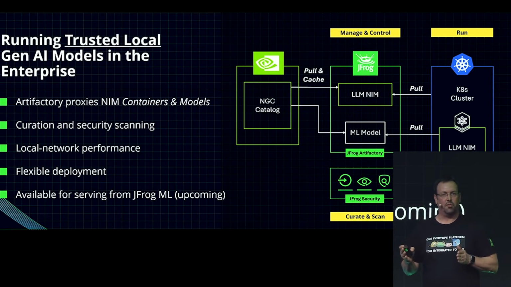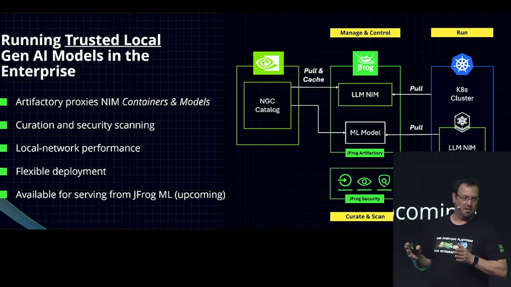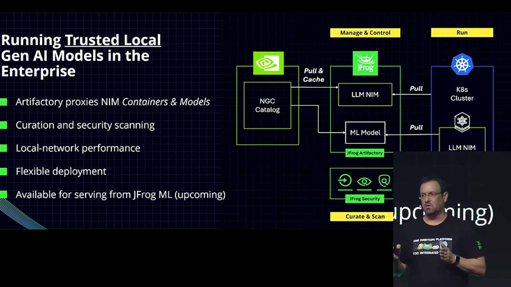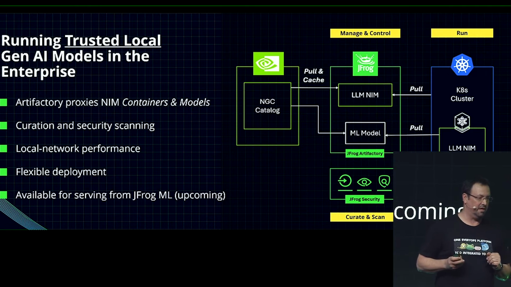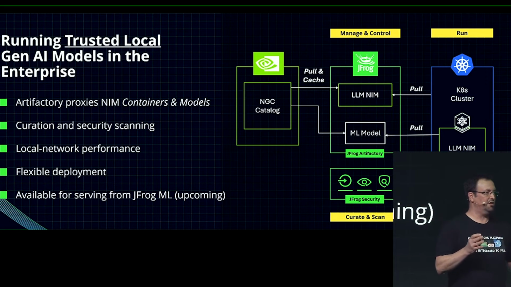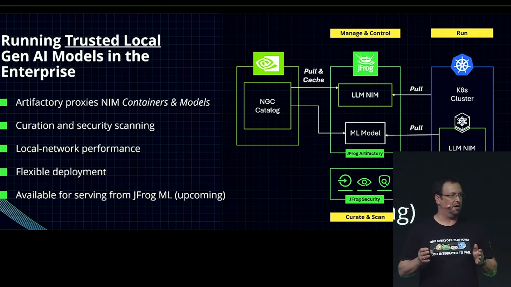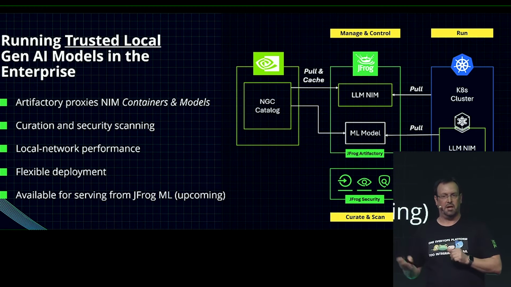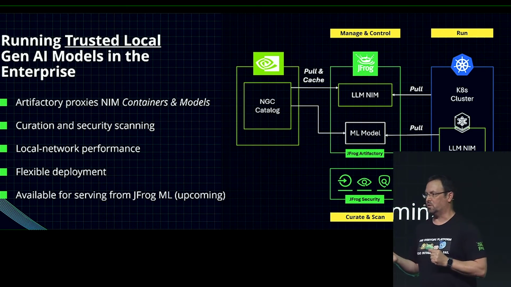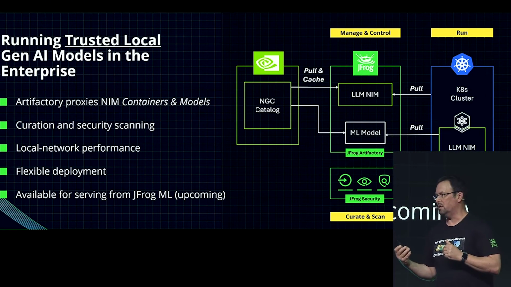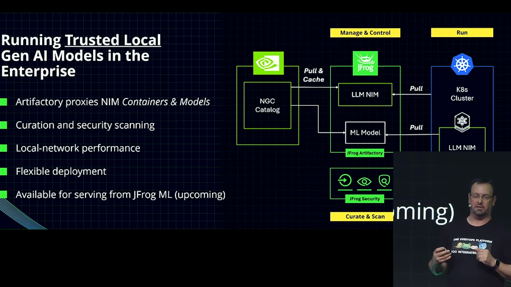So Artifactory proxies the NIM containers from NVIDIA. It also proxies the NIM models themselves from the NVIDIA cloud. Curation and scanning happens on all the artifacts, on the models, on the containers, on the Python dependencies, and so on. You get the local network speed, because everything is cached locally, so you don't have to download it over the internet.